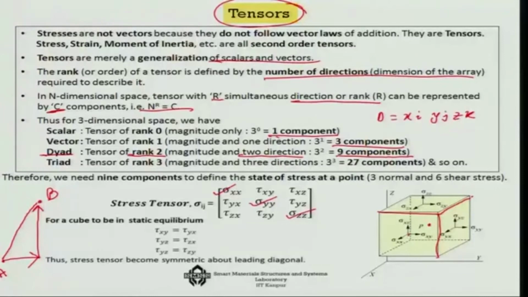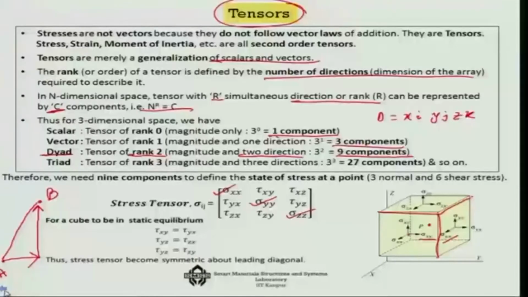Why do you need 6 shear? Because there are some shears like sigma xy and sigma yx which are actually the same, shear and complementary shears. So, you need 3 normal and 6 shear, a total of 9 components, in order to define the stress at a point, and that is a tensor of rank 2, which is also known as a dyad.